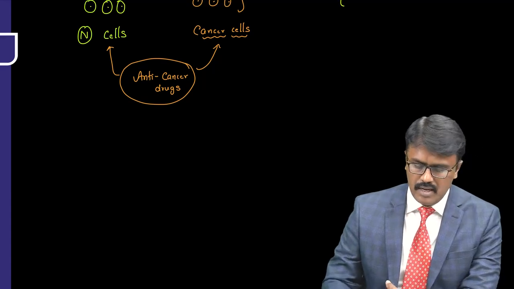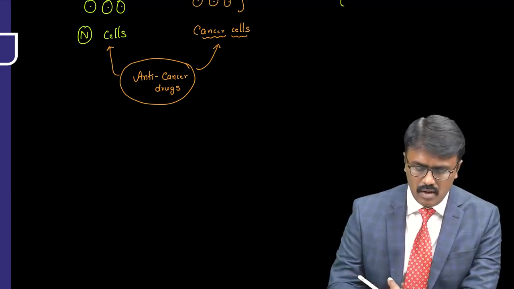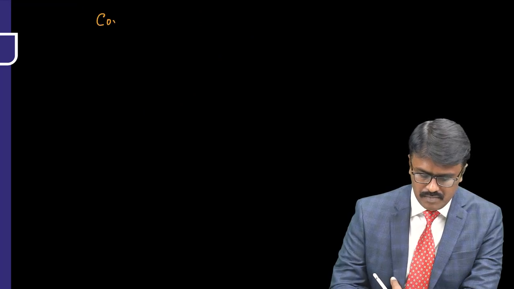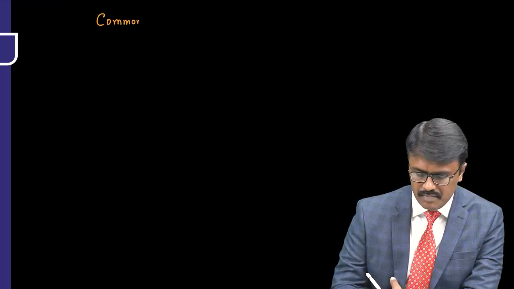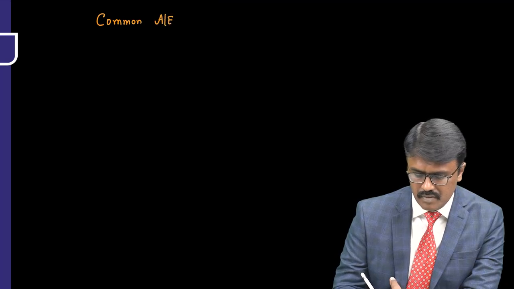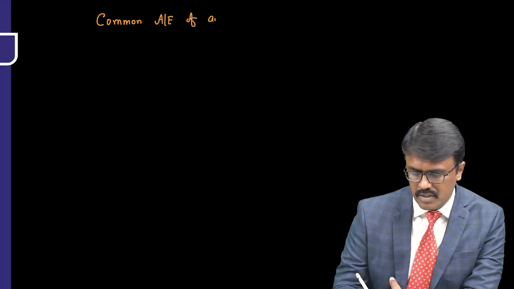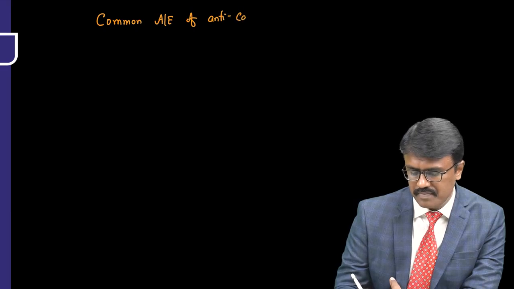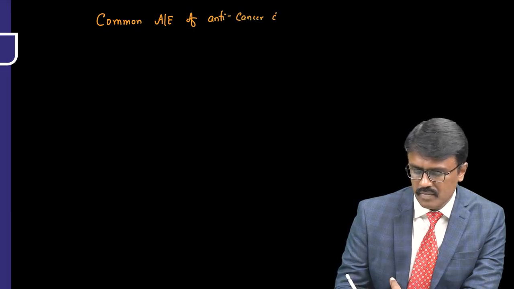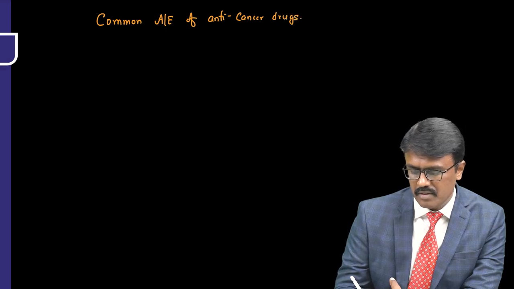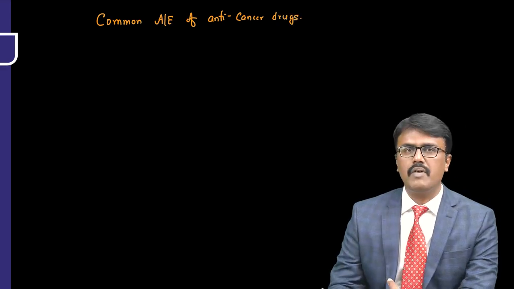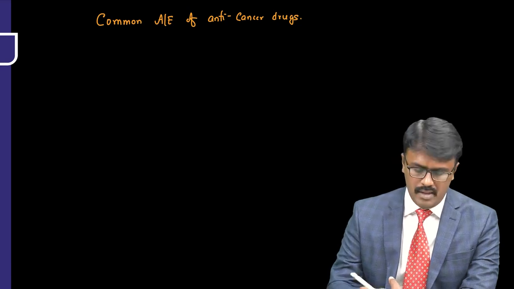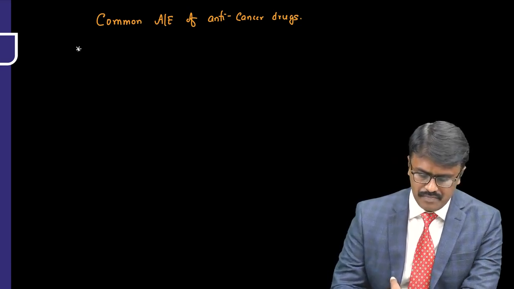So when we use an anti-cancer drug, there are certain common adverse effects we come across, which are commonly asked in your exam. Let us start one by one, going from head to toe.